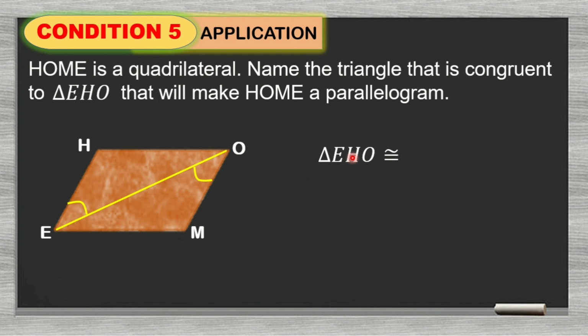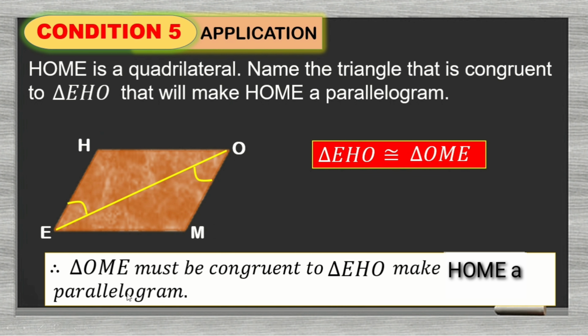Okay, so ang next, ang pangalawang angle dito sa unang triangle ay angle H. So ang opposite angle niya ay angle M. So they are congruent. Kaya ang second angle natin dito sa second triangle natin ay angle M. So yan. O, M, tapos yung third natin ay yung angle E. Okay, so pwede na tayo gumawa ng conclusions. So therefore, triangle OME must be congruent to triangle EHO to make HOME a parallelogram.